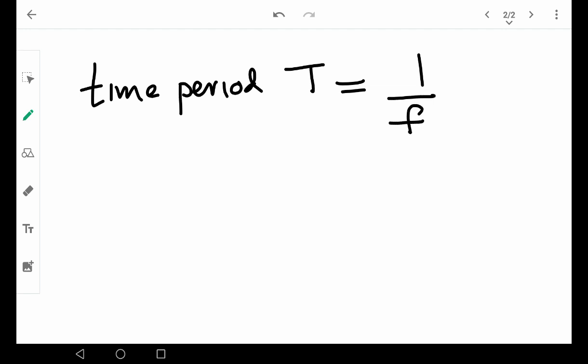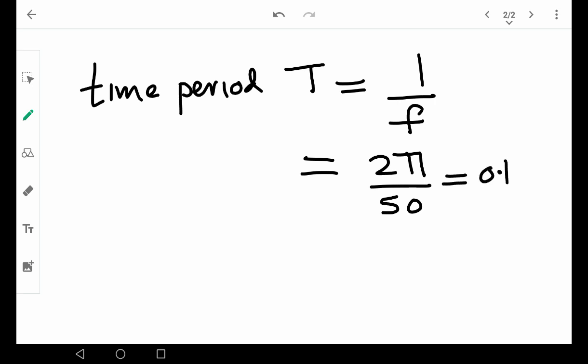So it will be 2 pi over 50. If you calculate it, it will come to something around 0.1257 seconds. Okay. So that's how you have the time period and the frequency.